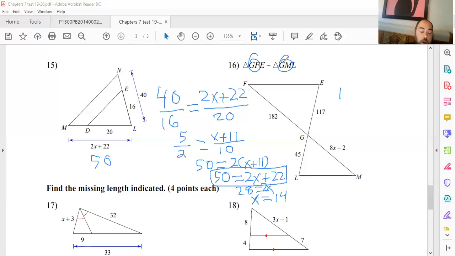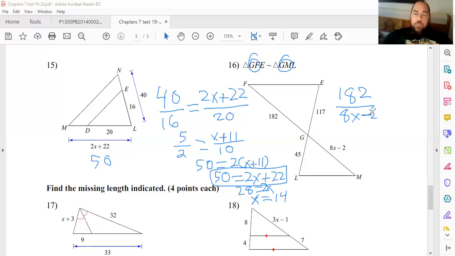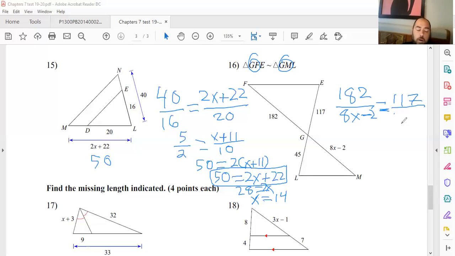So we're going to go 182 over 8x minus 2 equals 117 over 45.